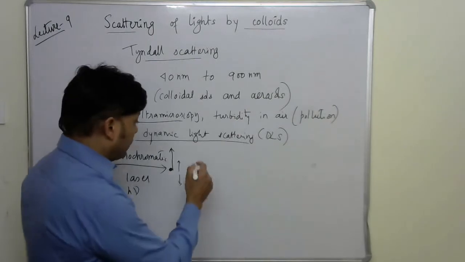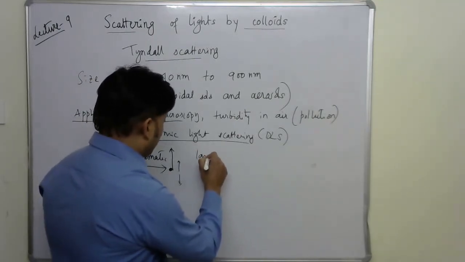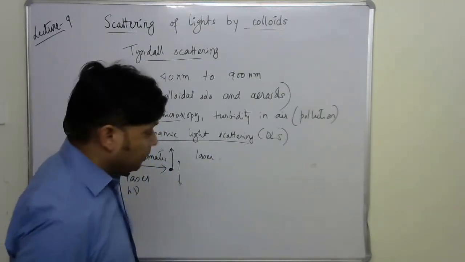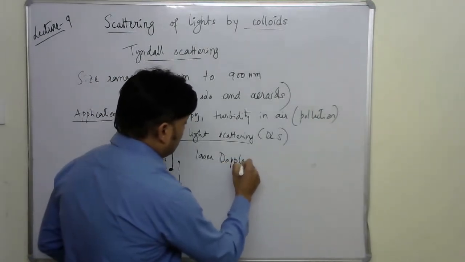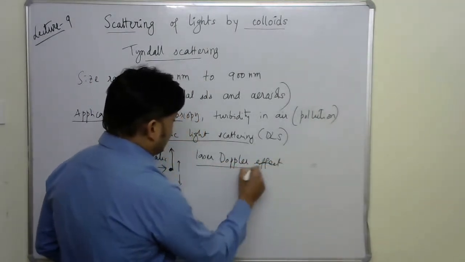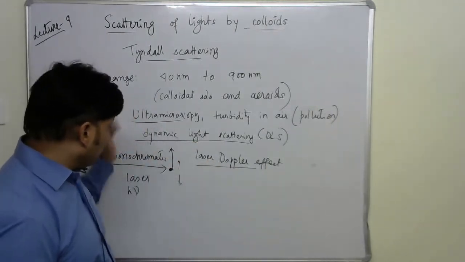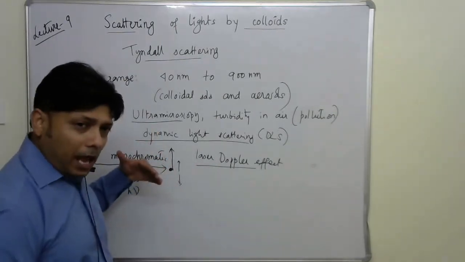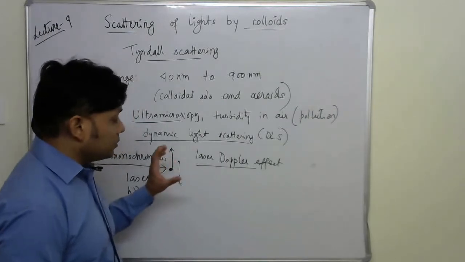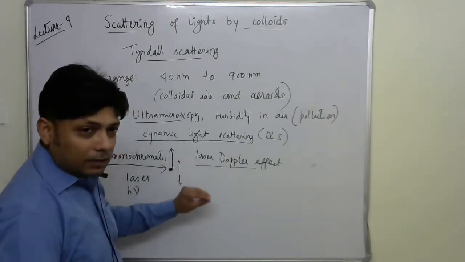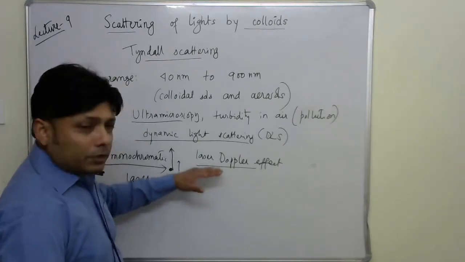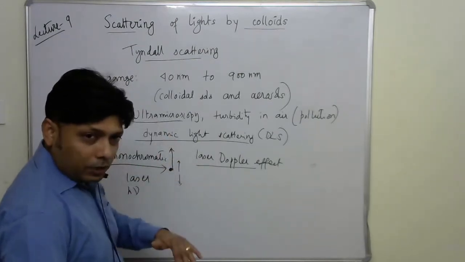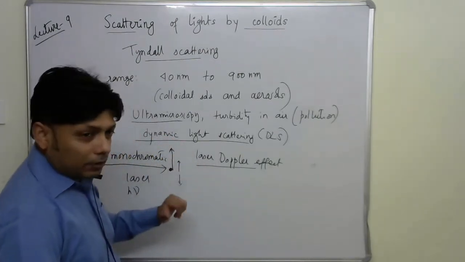According to the Doppler effect, we observe a laser Doppler effect. If the particle moves towards the observer, the frequency of the scattered light increases, and if it moves in the opposite direction, the frequency gets decreased.